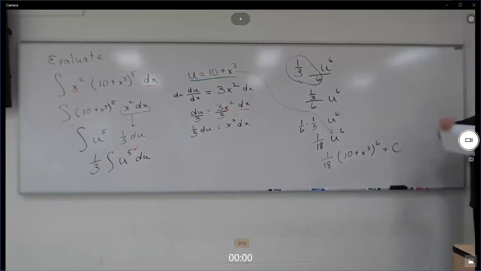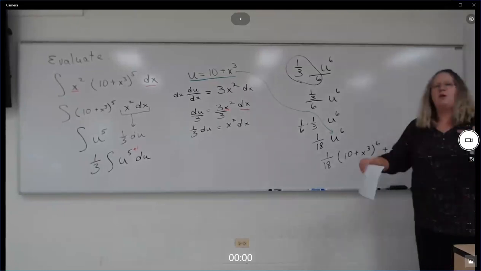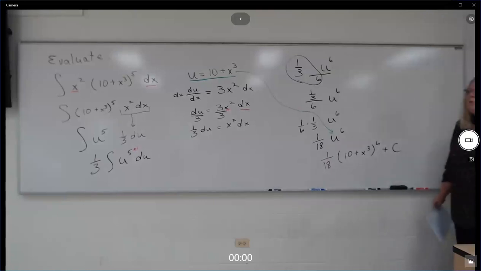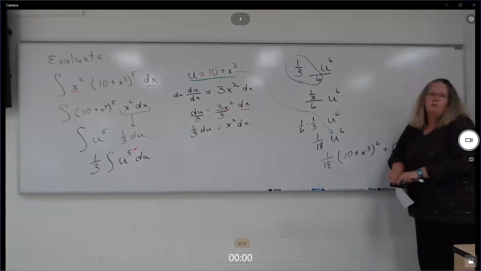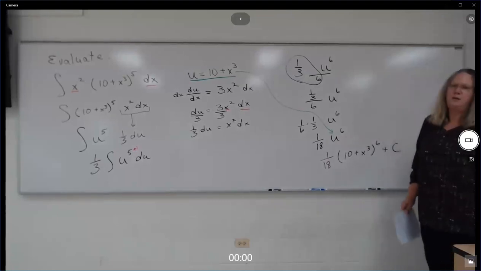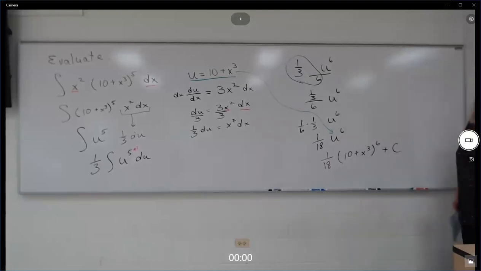U's go in for all the x's, but as you're doing that, hopefully you're condensing things down, making it something that we know how to take the integral of, because we really don't have a lot of rules for integrals. And so we just substitute, and then hopefully we can use a rule that we already have.